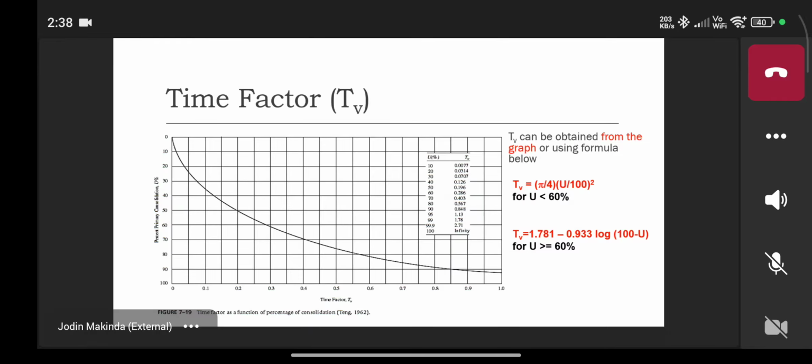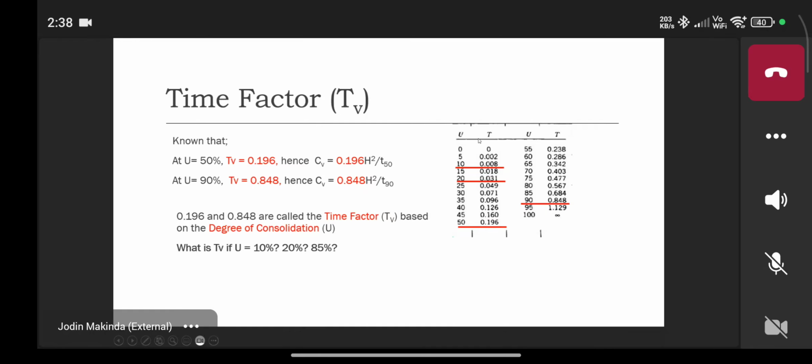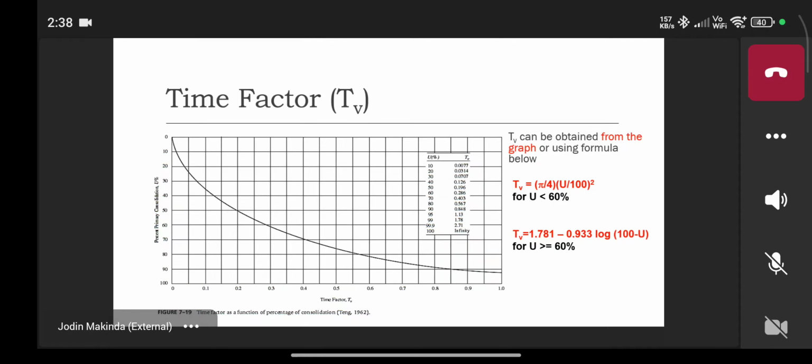Besides the table here, time factor can be obtained from the table. Besides this table, we can also obtain time factor from this chart, this figure. If we know the percentage of consolidation, let's say 50%, we scale off from the 50%, you get the time factor 0.2.